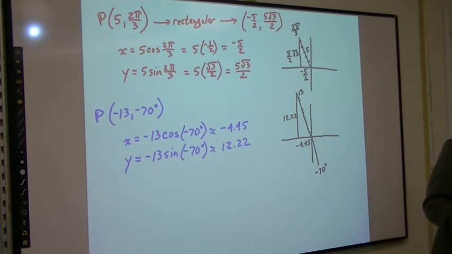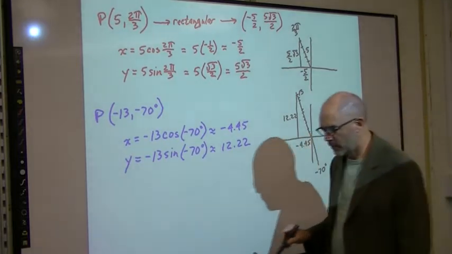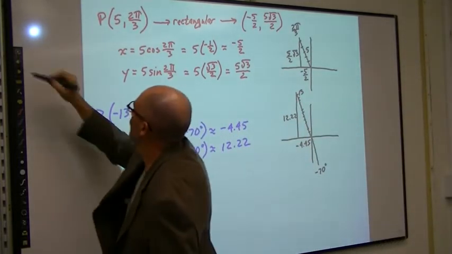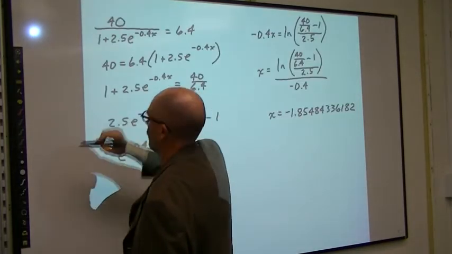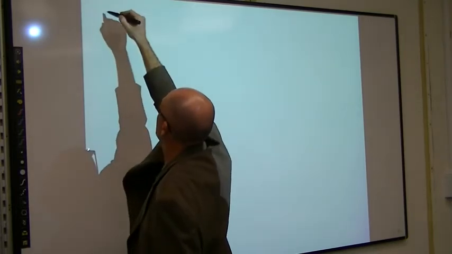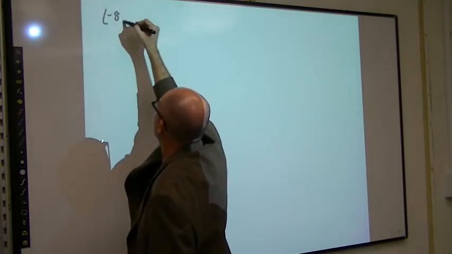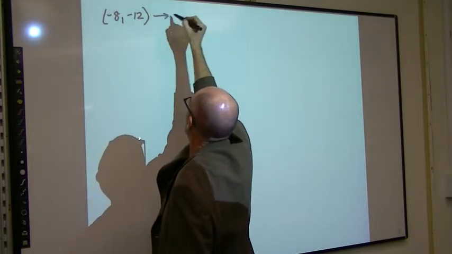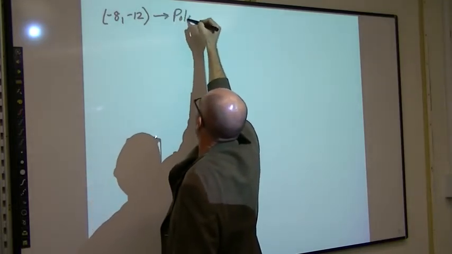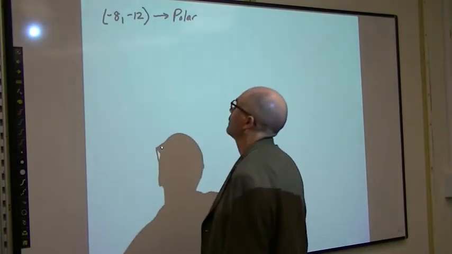Okay, now let's go the other direction. So let's say we're given negative 8, negative 12, and I want polar coordinates for that.